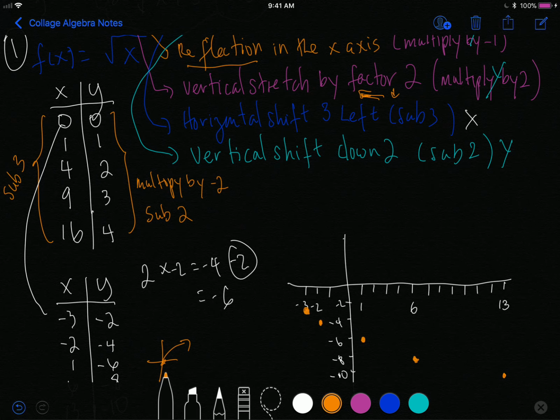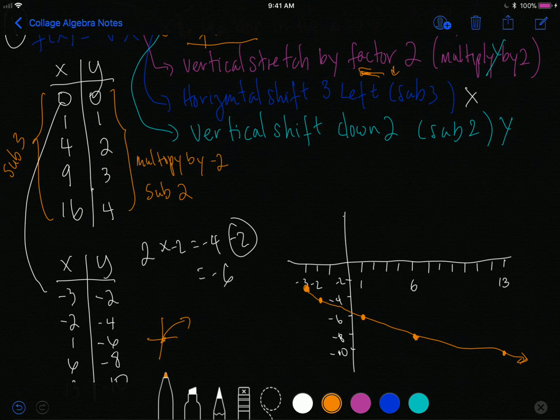And it's been stretched by a factor of 2. And so the graph right here looks like this. It's still a radical x graph, but now it has been shifted.